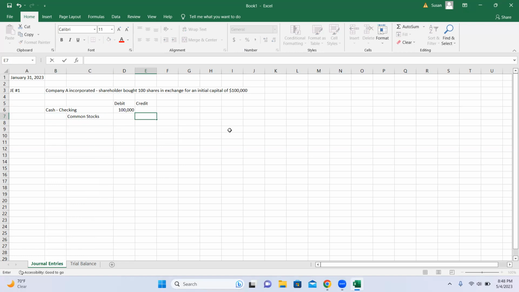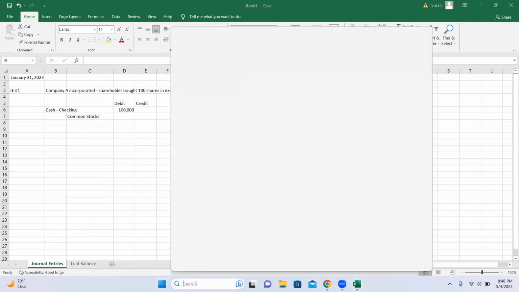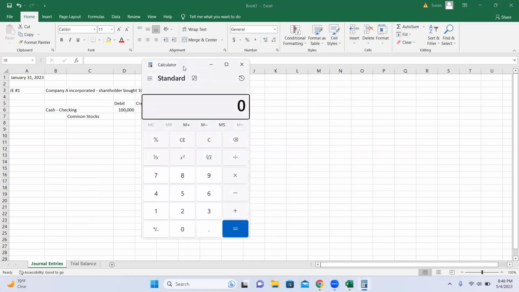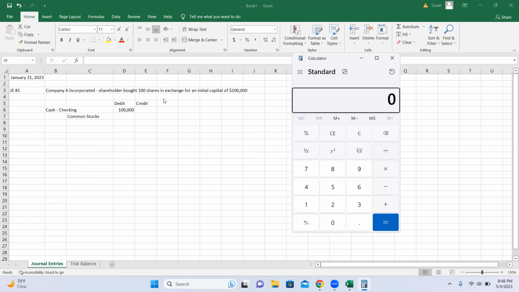Let's also say that the shares they bought, $100,000 of shares, sorry guys, I'm trying to get the math right, divided by 100 shares.